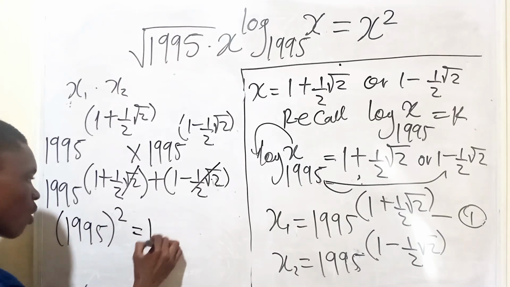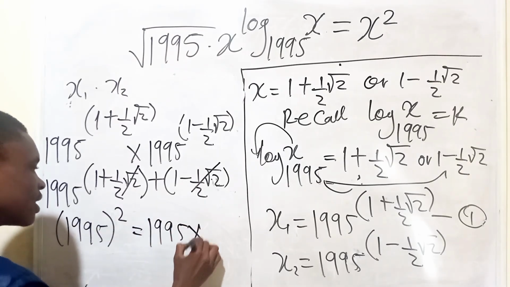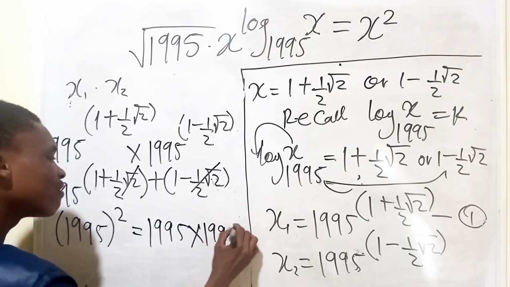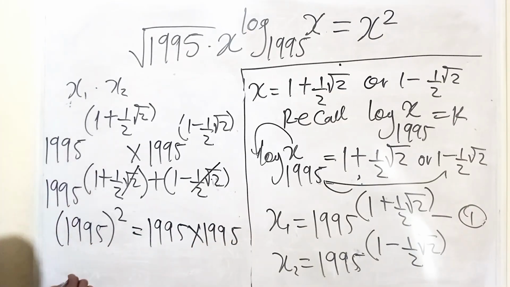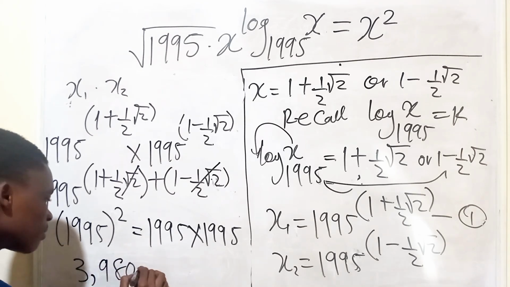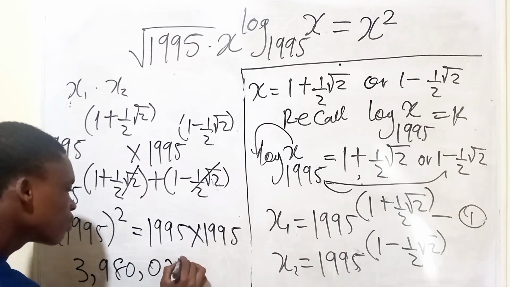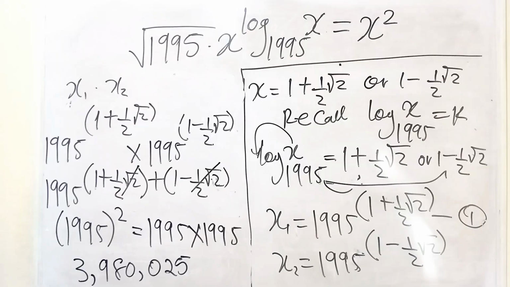This square means 1995 times 1995. And the value here is just 3,980,025. All right, this is the value of the square.